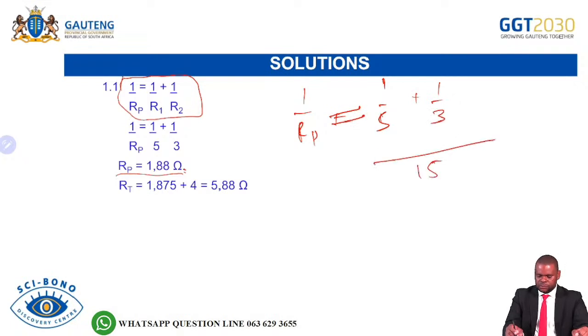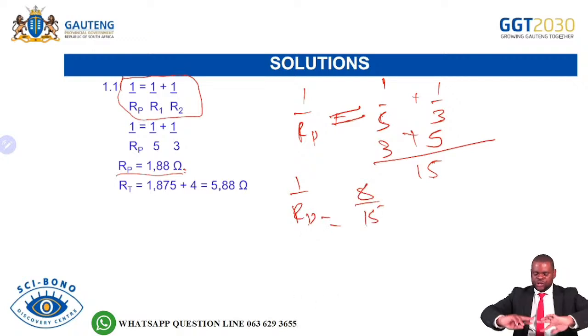We say 15 here because it's a common factor for both 5 and 3. 5 goes into 15 three times, and 3 multiplied by 1 is 3. 3 goes into 15 five times, and 5 multiplied by 1 is 5. Then we have 1 over Rp equals 8 over 15.